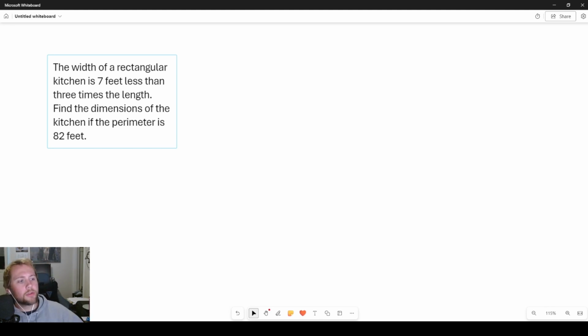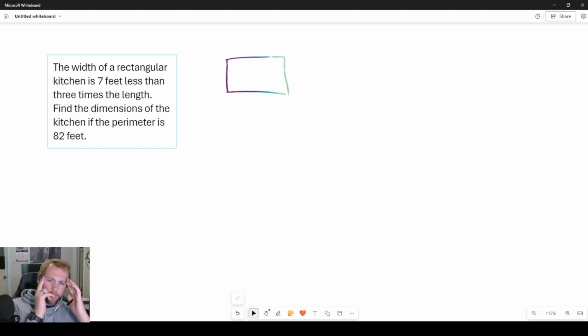Okay. Let's go through it. So the width of the rectangular kitchen is 7 feet less than 3 times the length. Well, if I have a rectangular kitchen, and I'll always recommend drawing a picture because it's going to help you visualize it. Alright, so if our lengths are right here and right here, remember that's that lowercase l. These are lengths. That's how long our rectangle is. Well, our width is 7 feet less than 3 times the length.